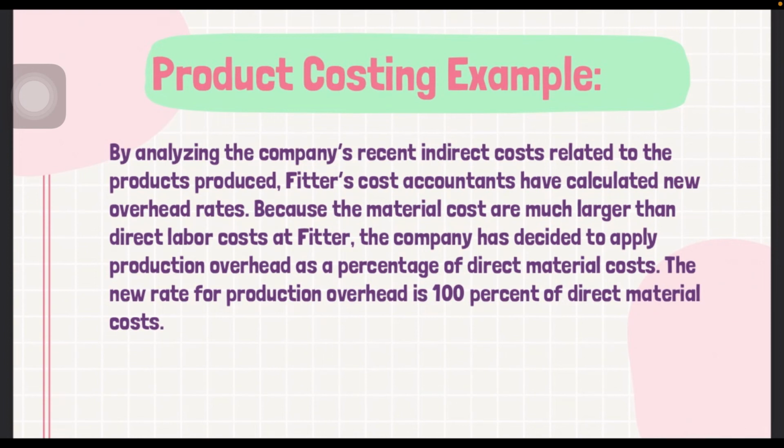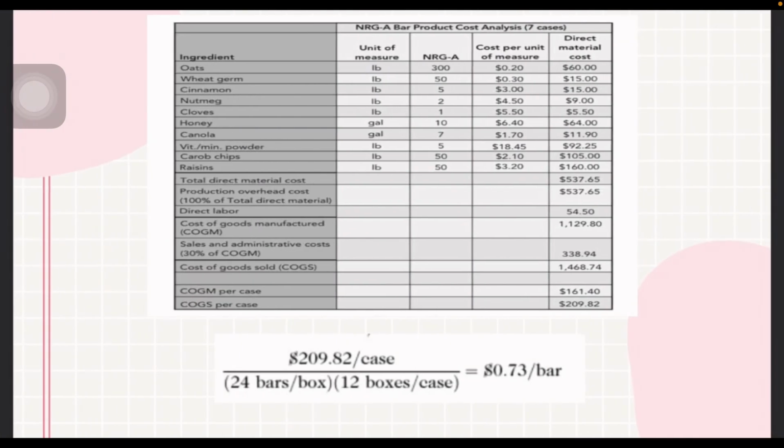Figure 5.8 shows the product cost analysis for the NRGA bar. The cost analysis is based on 7 cases of bars, which is the amount of bars that can be produced by a 500-pound batch. This information is repeated in the cost analysis of each material listed below. As we can see, for example, the per pound cost of oats is $0.20.